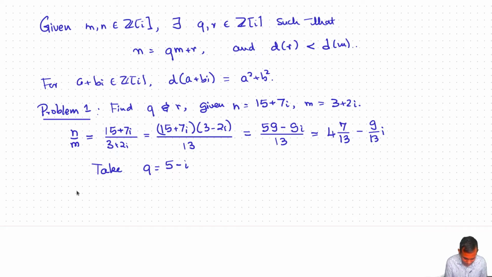and so now if we try to write n equals 5 minus i into 3 plus 2i plus r, then we can solve this. 5 times 3 is 15, plus 2, that's 17, and minus 3i plus 10i, which is 7i.